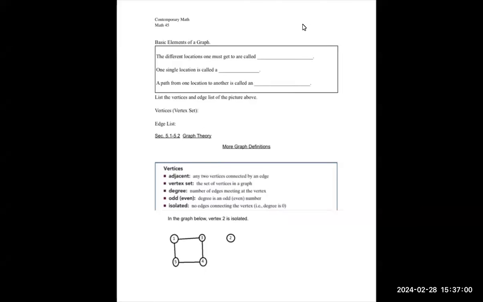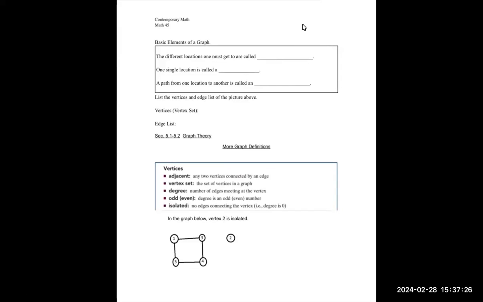There we go. The basic elements of a graph: we saw the first graph, and the two basic elements of them are the different locations that we saw, the different islands that you could get to by the bridges.